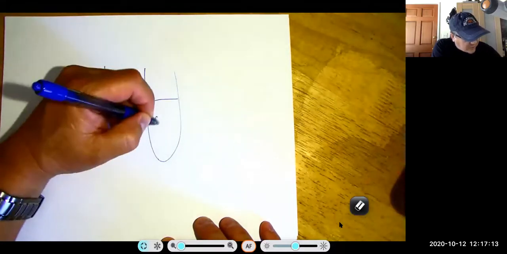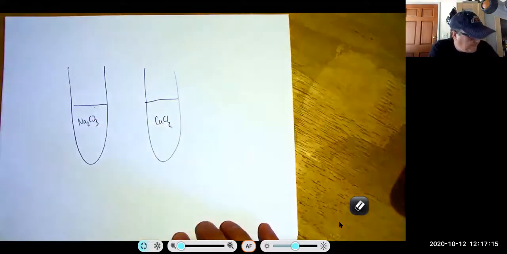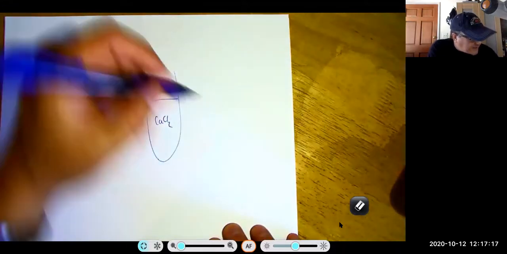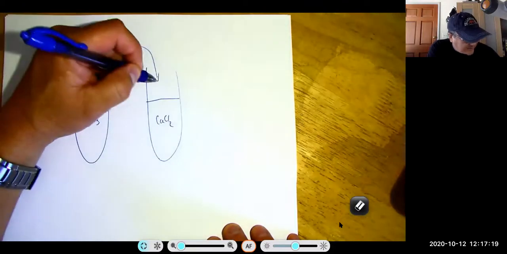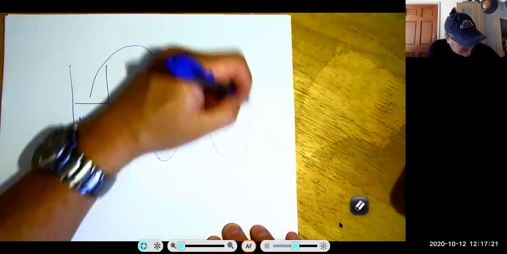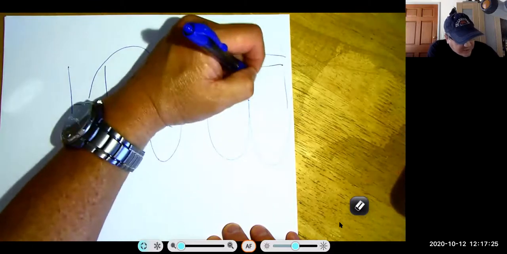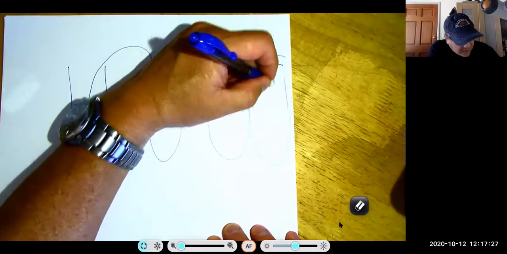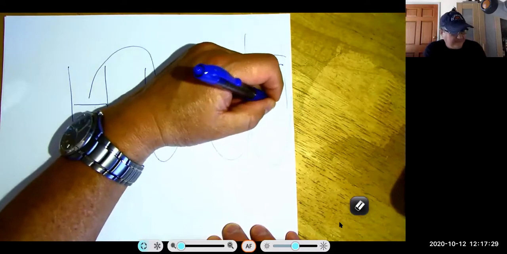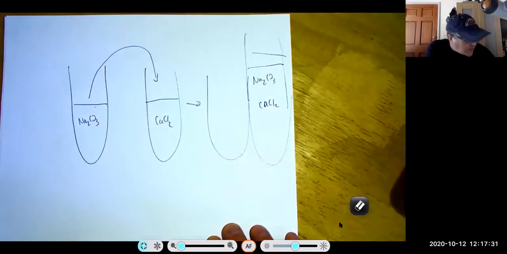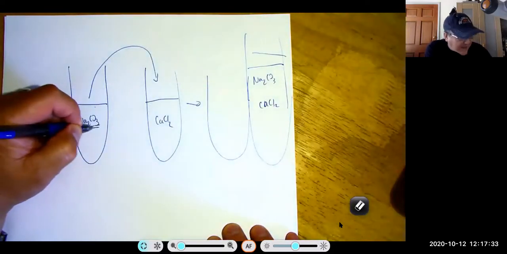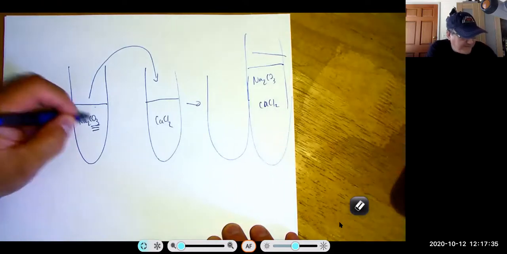Here's your calcium chloride solution, right? If I take this one and add it to this one, I'm going to get sodium carbonate and calcium chloride, right? And we want to make sure every one of these reacts. Are you with me here, Jackie?